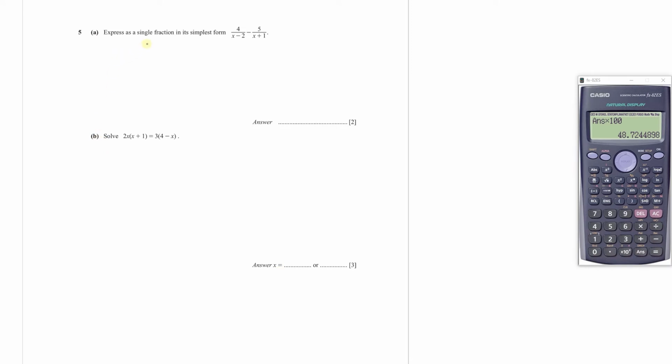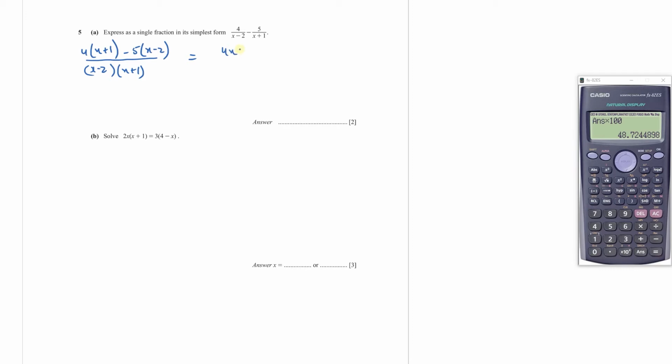Question 5 is express as a single fraction in its simplest form, this. So I can find the LCM, which will be x minus 2 times x plus 1. Here I multiplied this denominator with x plus 1. So I will multiply 4 with x plus 1, and minus 5 will be multiplied by x minus 2. So let's open these brackets.